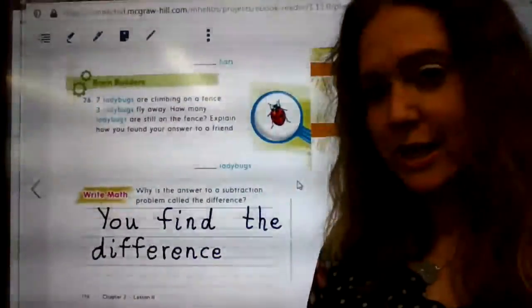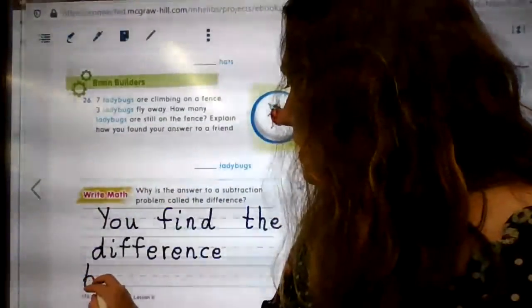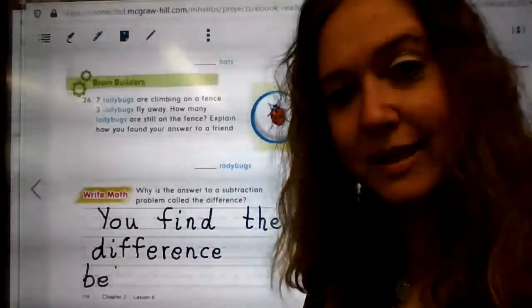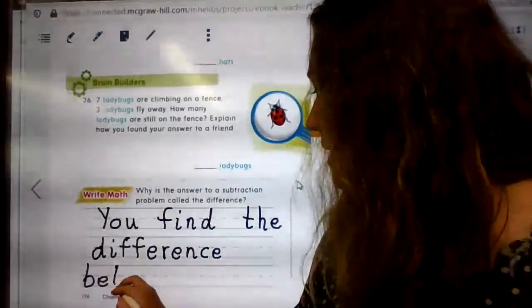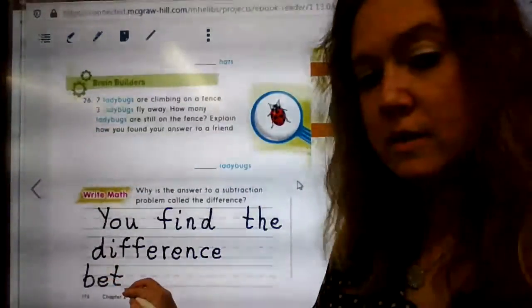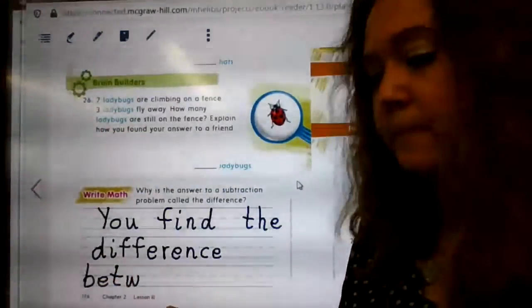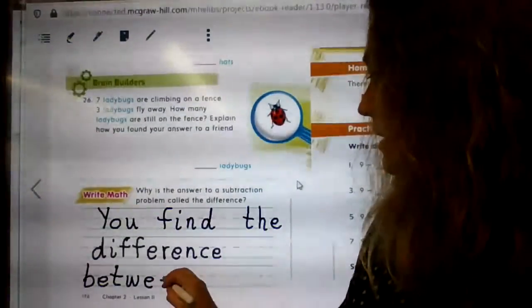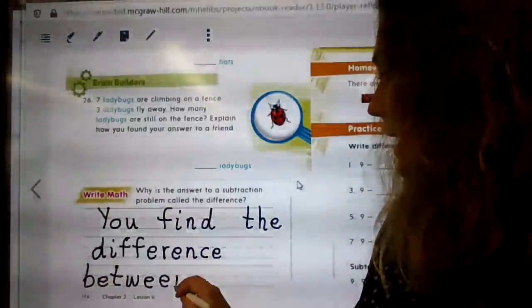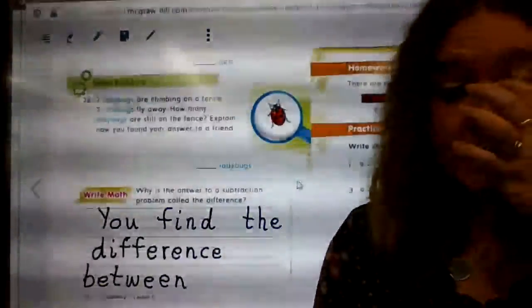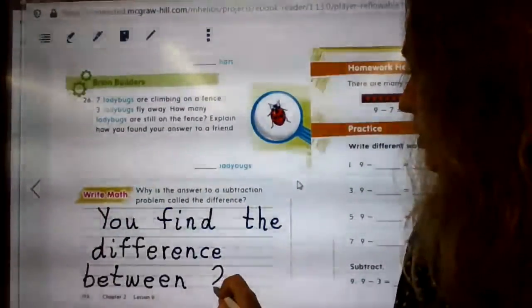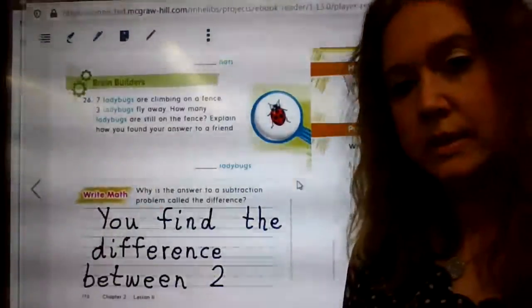I'm kind of giving you some time between, so B-E, there's the spelling word before, T-W-E-E-N. You find the difference between two numbers.